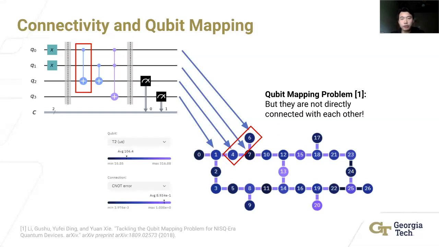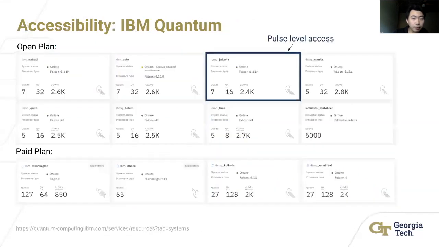This is known as the qubit mapping problem, and apparently one cannot optimize this with pencil and paper, so many algorithms have been proposed. I think later, Professor Wu Li will give a talk, and he has done very famous work on this topic. So that's the connectivity I want to bring.